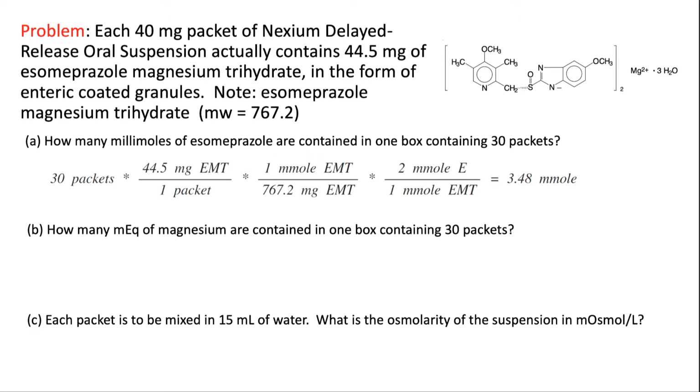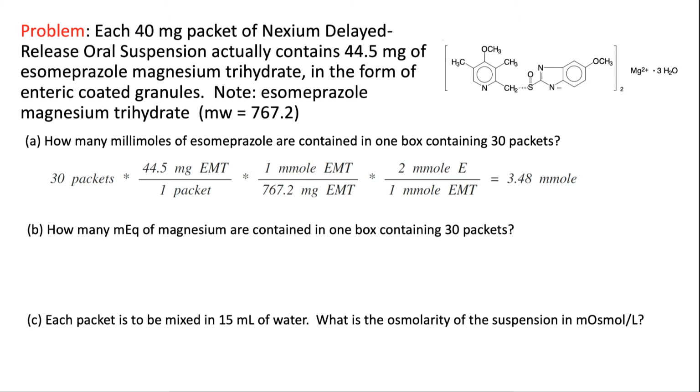What I know is the molecular weight of the parent molecule, the EMT, so that's why I started with the 44.5. Going back, 30 packets times the weight of the EMT per packet, 44.5, then converted to millimoles by dividing by the formula weight of 767.2 milligrams, and we're finally in millimoles of EMT.